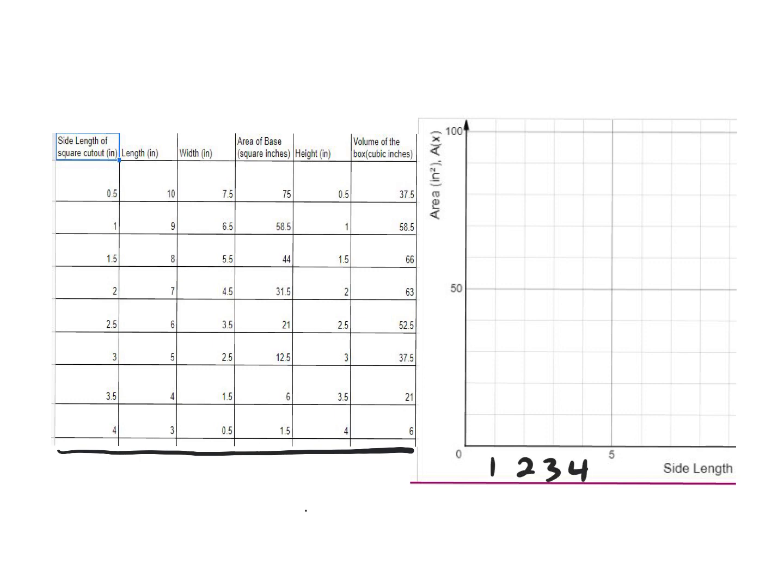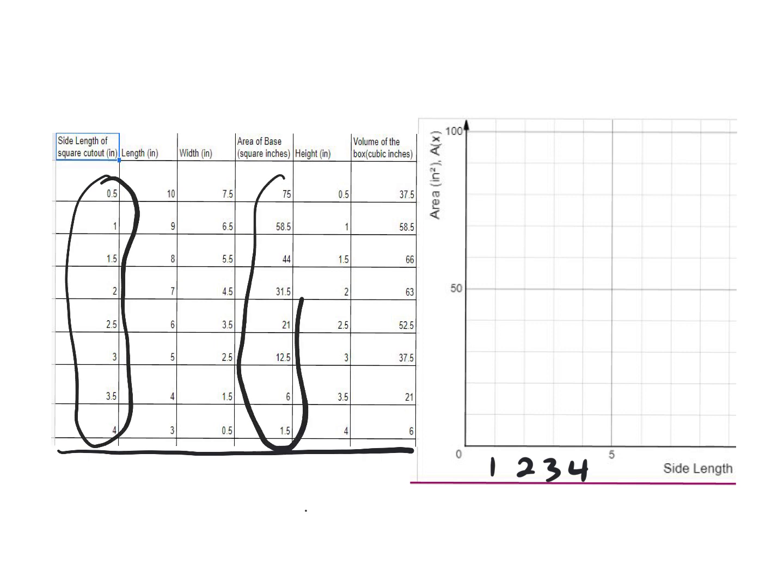I'm plotting the side length X on the x-axis and the area of the square base on the y-axis. This is 60, 70, 80, 90.